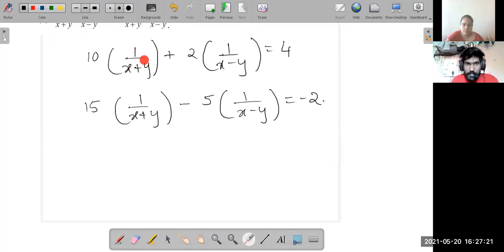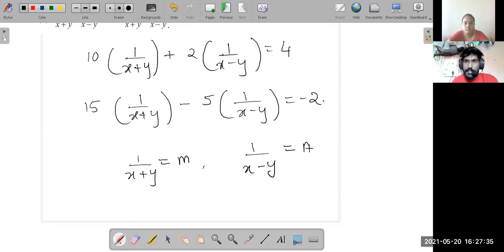So 1 upon x plus y, you substitute it as m, and 1 upon x minus y, you substitute it as n, the entire thing.